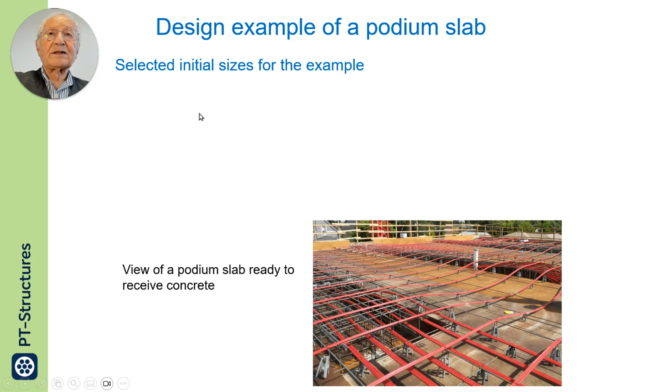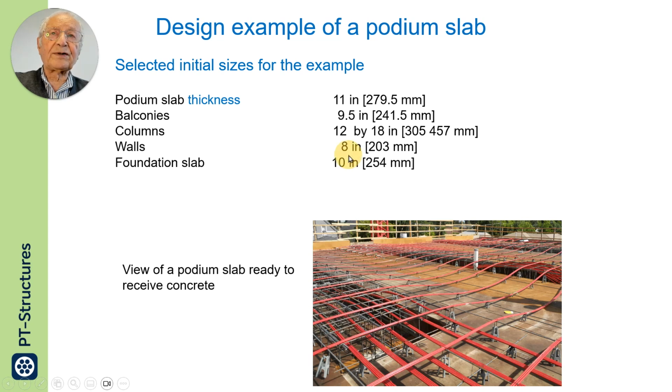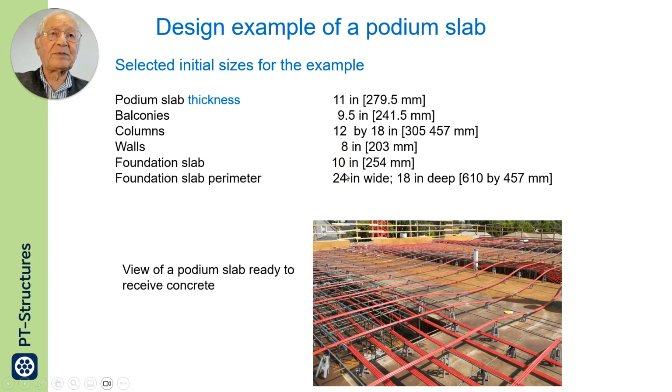We are still selecting initial sizes for the example. Slab thickness in this example 11 inches, balconies 9.5 inches. It has, I believe, 2 balconies. Columns 12 inch by 18 inches, walls 8-inch thick, foundation 10-inch slab, uniform thickness.